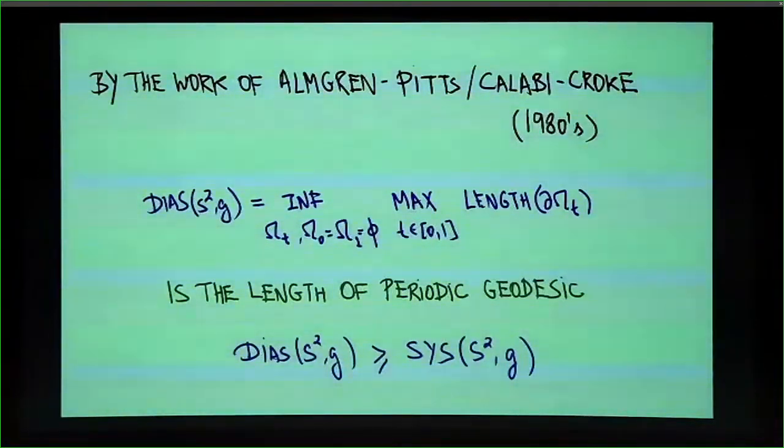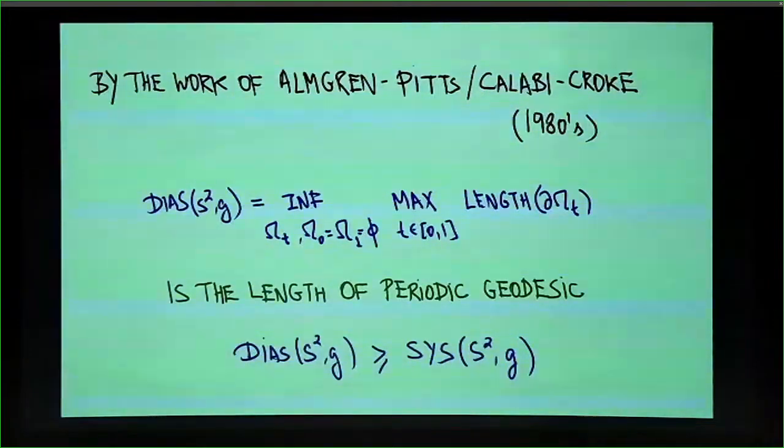Almgren-Pitts, working in full generality, and Calabi-Croke, working in two dimensions for the sphere, showed that this number that I defined is also the length of a periodic geodesic. And so again, this number gives an upper bound for the systole. So the systole is less than or equal to the diastole.